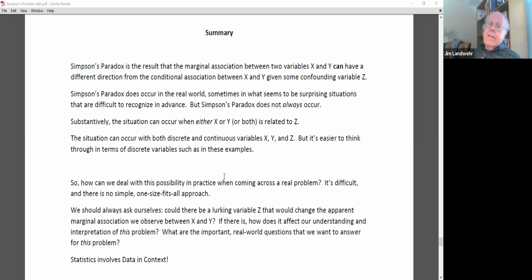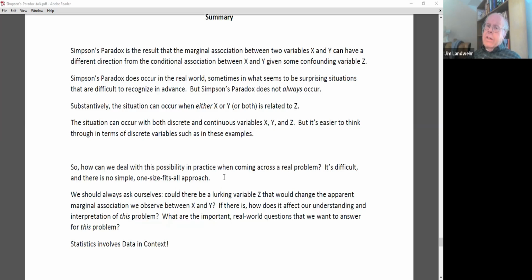Technically, the situation can occur when either X or Y or both is related to Z. There's various technical analysis that can go on as you get into this topic, but that's the basic result. This situation can occur with discrete or continuous variables. Here, everything is discrete. It's easier to think about and follow through the calculations.